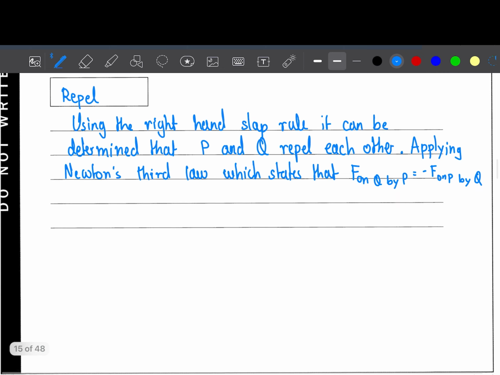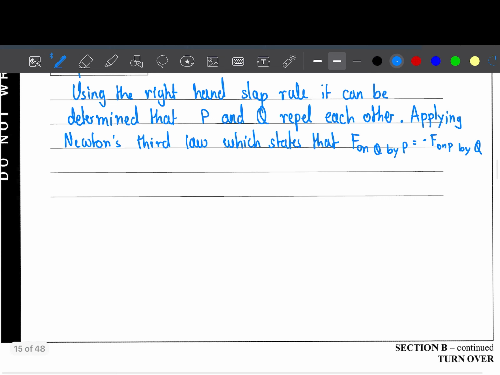Now to show you a bit of a visual, I can draw a diagram here. I can't show you my hand, but I can draw you a diagram. So our current is going out of the page here, right? So this is our current out of the page. So the magnetic field is going this way.